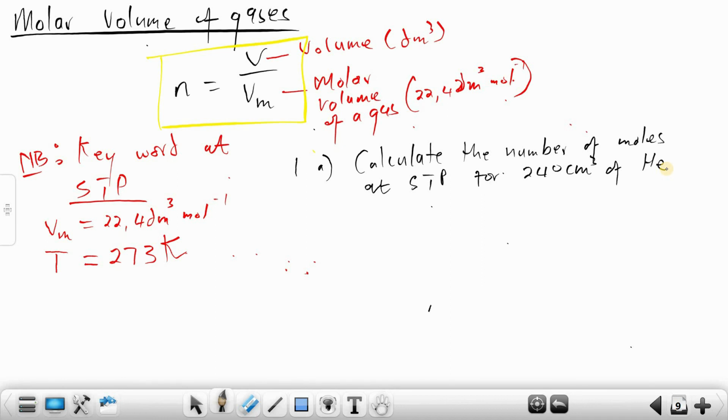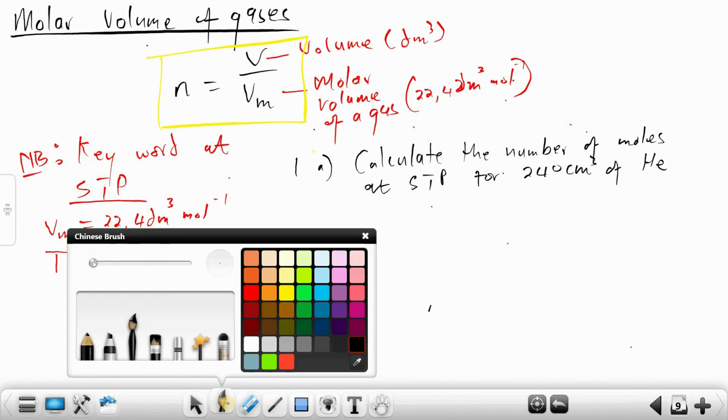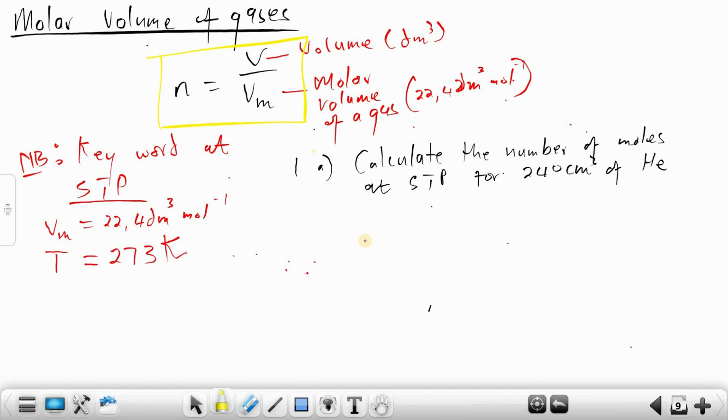The key thing I am looking for, the keyword in this instance, is this information here: at STP. If it doesn't say at STP, there's no way I can use the 22,4. So look for the word STP.